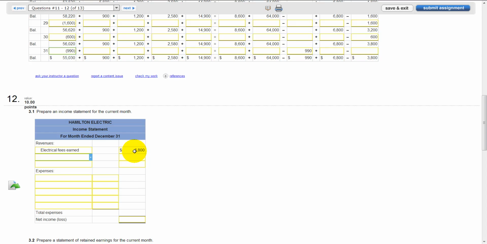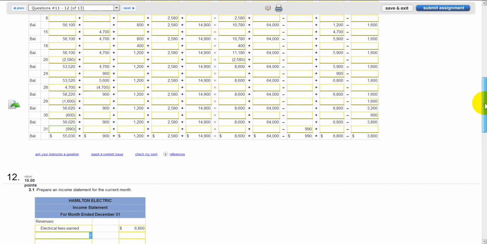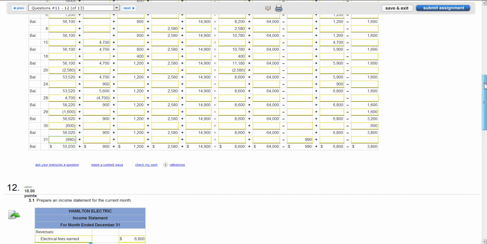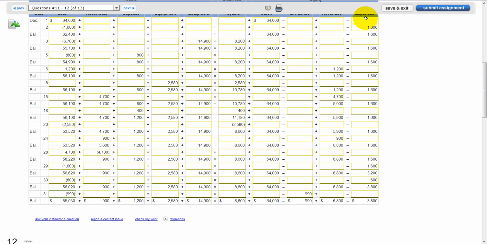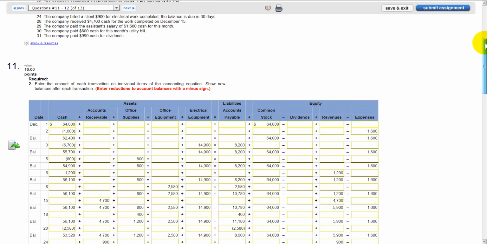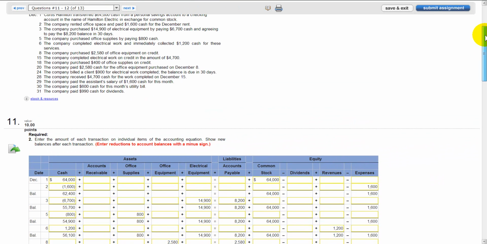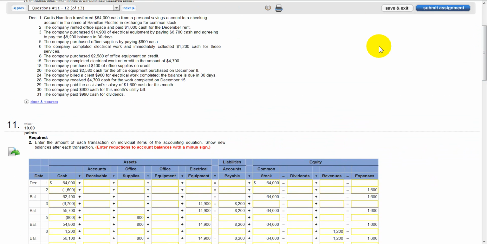Now if I had other ways of making money, I would probably have another revenue account here and the dollar amount and a subtotal. But in my case, I only have one type of revenue. Okay, one revenue account. So let's do the expenses here. If you remember, we have this $1,600 right here, and that was for rent.